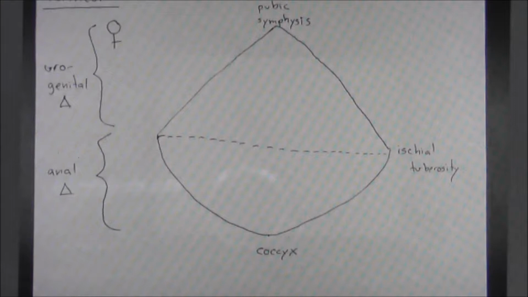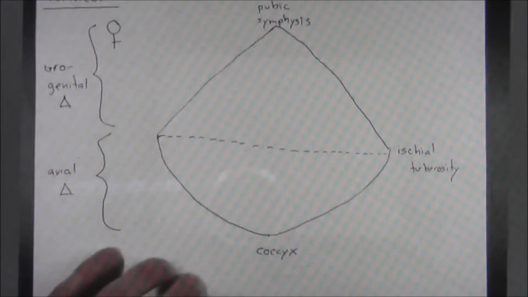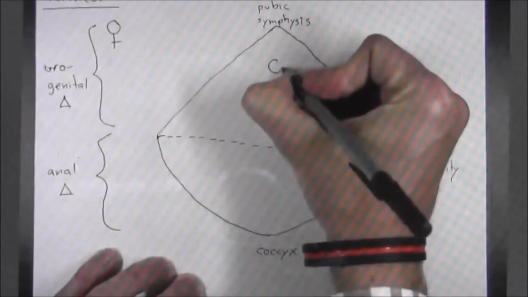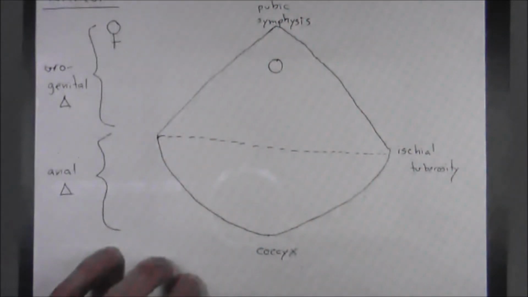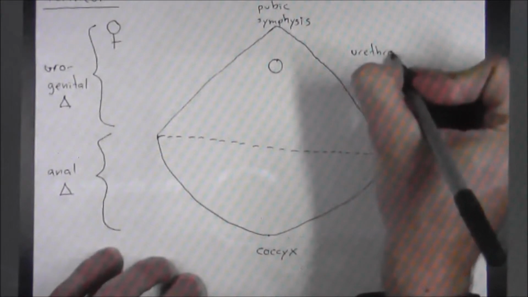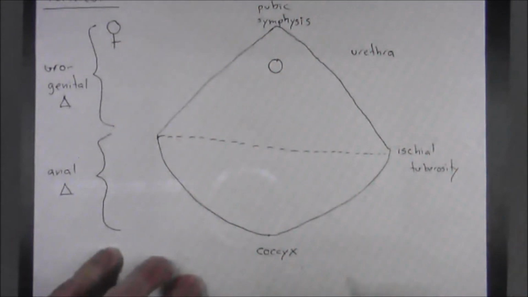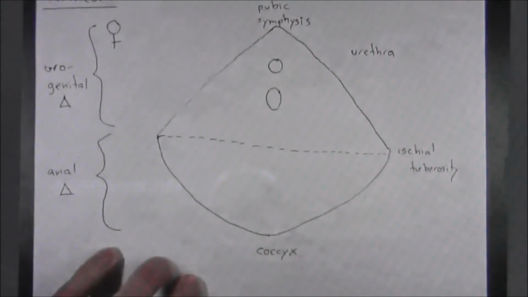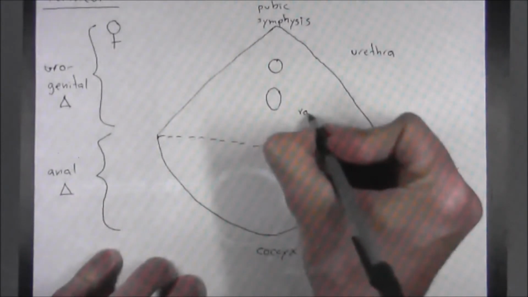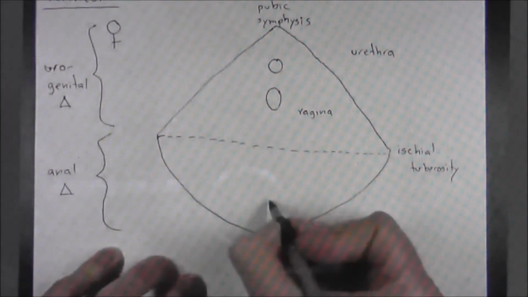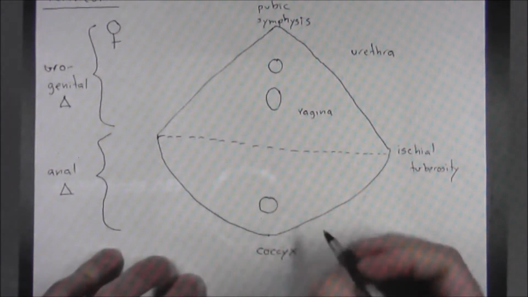And now time for the 3 openings of the female perineum. Anteriorly, the urethra. Posterior to the urethra, the vagina. And in the anal triangle, the anus.